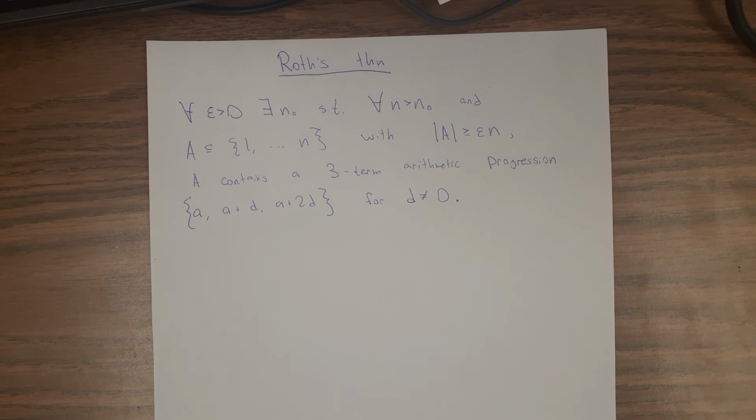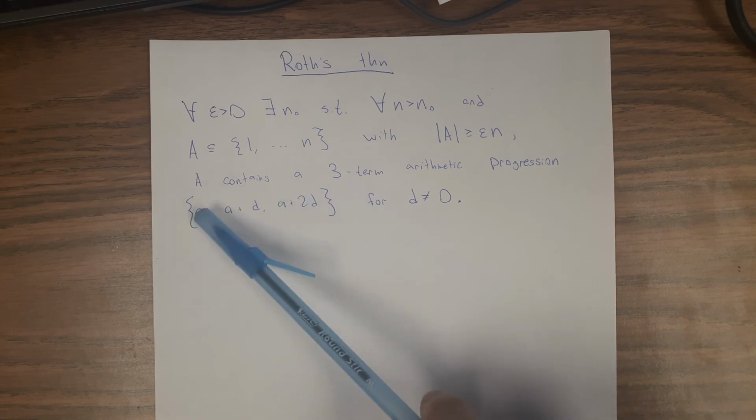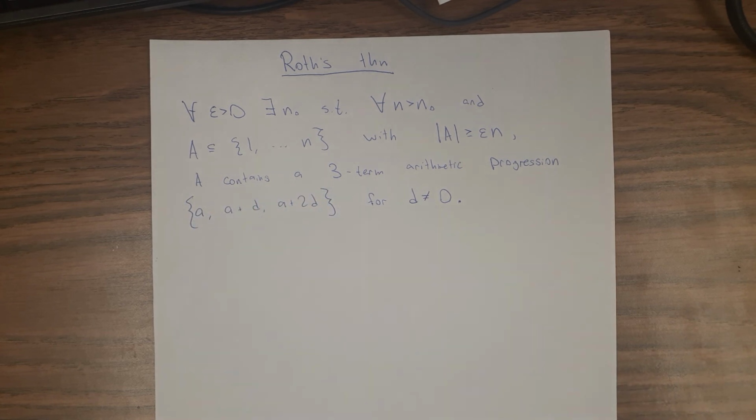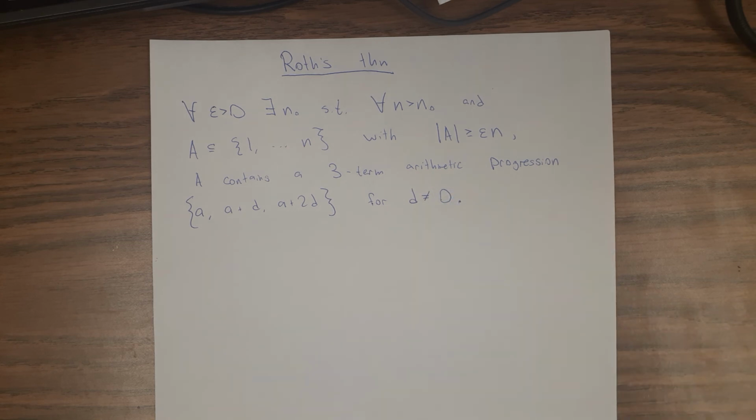So A has to contain a subset of 3 elements: a, a plus d, and a plus 2d. And of course, d can't be 0 because that would be cheating. That would be too easy. So, right, that is Roth's theorem.